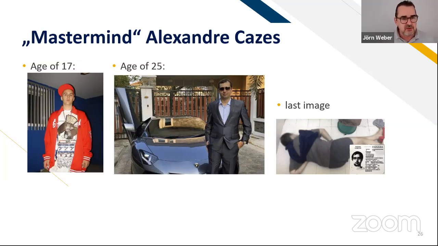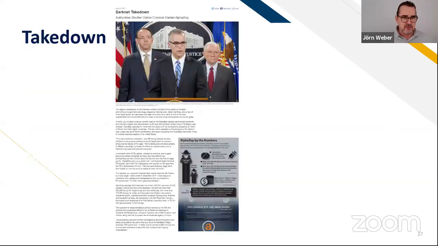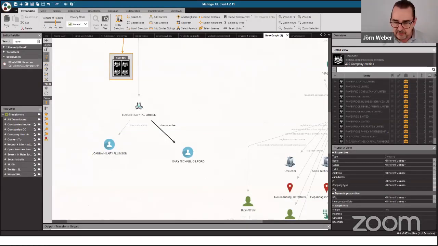And actually the story is he was arrested, actually there where this image from the Lamborghini is, from the Thailand police, and then he committed suicide in his prison cell a few days later. I think he made 20 million or more with this thing. There was a takedown of AlphaBay. And so let's have a quick look at what we can find about AlphaBay in this case here.